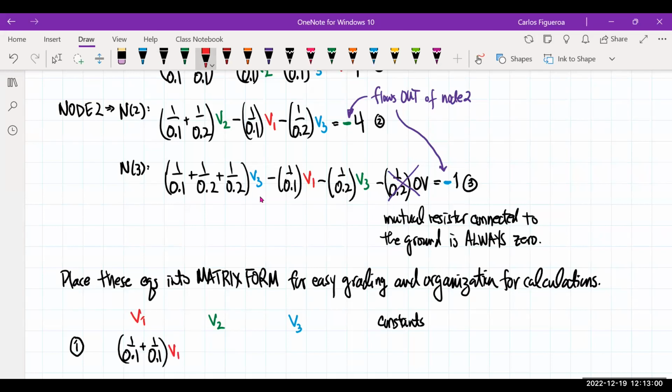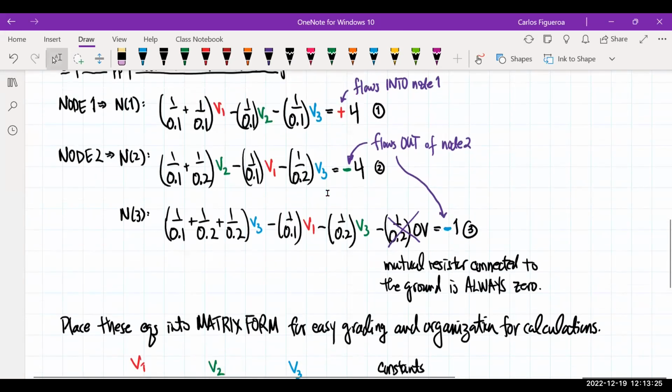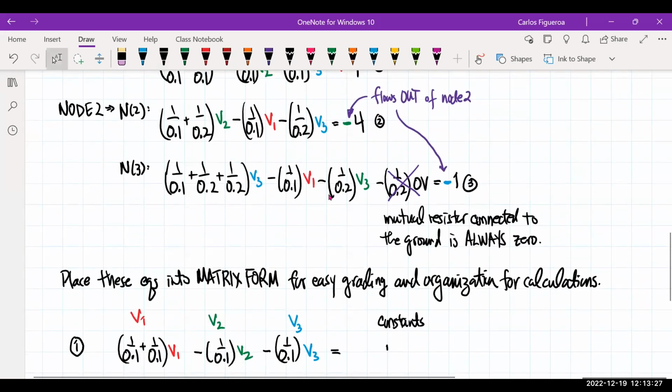Then if I look at the next term, it's going to be minus 0.1 times V2, and then another minus 0.1 times V3. And on the right side, you see that I have a +4 constant. So I'm going to write +4 right here.